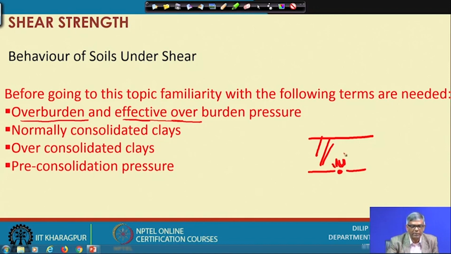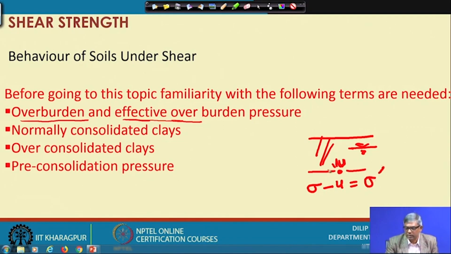And what is effective overburden? If there is a water table somewhere here, then from the total stress sigma because of the total weight of the soil, if I subtract the water pressure, that becomes effective.